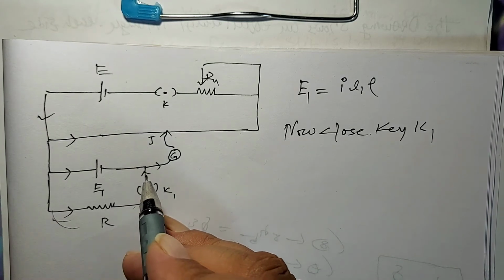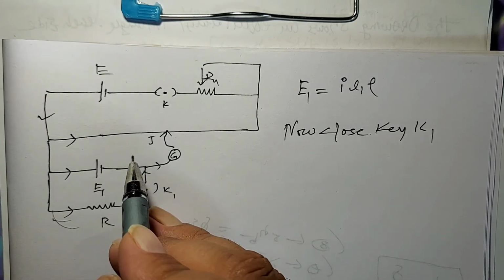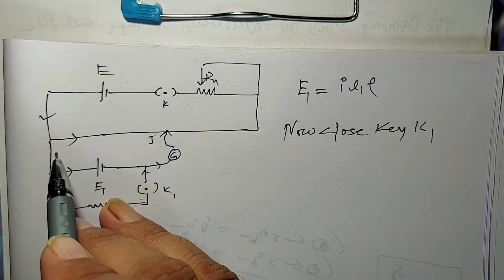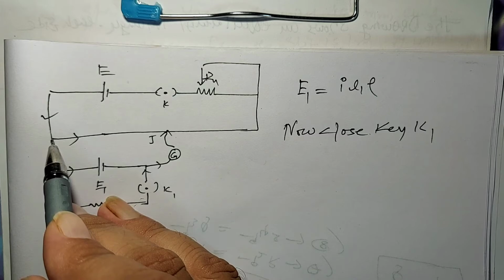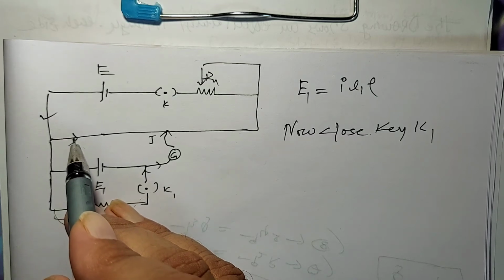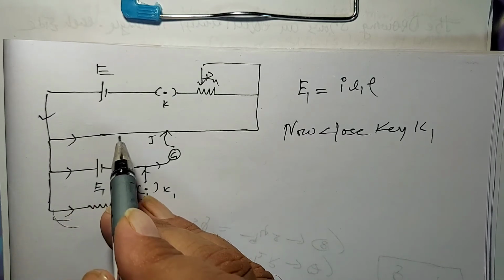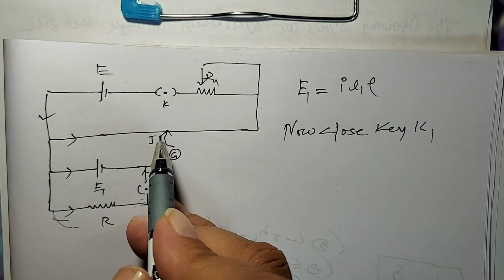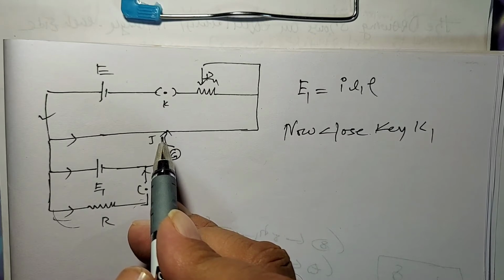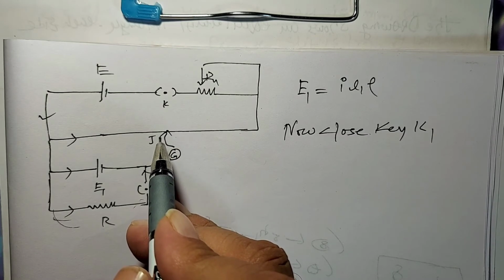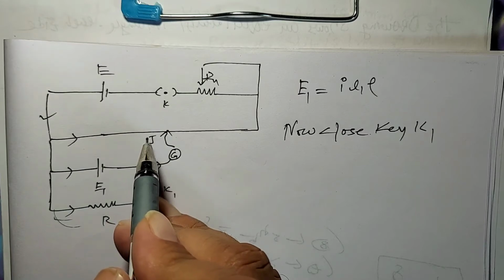Now repeat the experiment as discussed in the previous case. Place the jockey at one end of the wire and press the jockey at different points on the wire until the current in the galvanometer becomes 0. Once the current in the galvanometer becomes 0, the circuit is balanced.